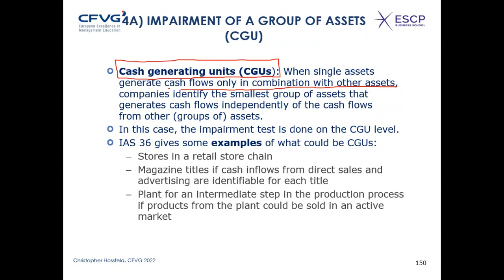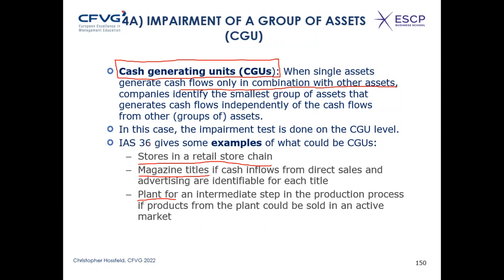The CGU may be the factory that I have for a product. Or you have stores in a retail store chain that may be a cash generating unit. Or magazine titles if the advertising and direct sales are separated from other titles. So a cash generating unit is a group of assets that generates cash flows independently from other groups of assets or other individual assets.